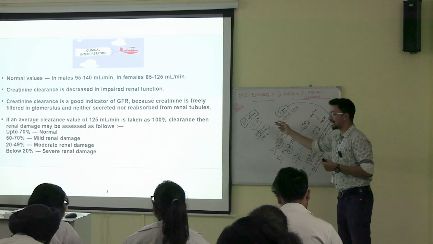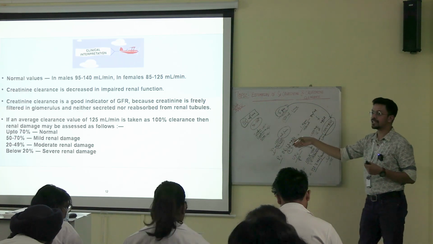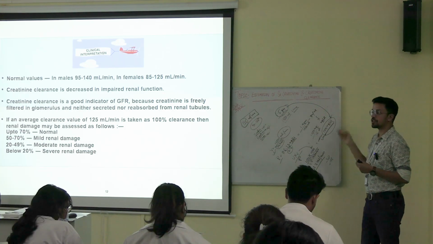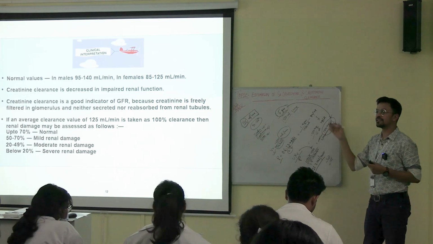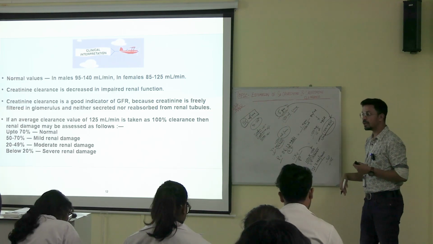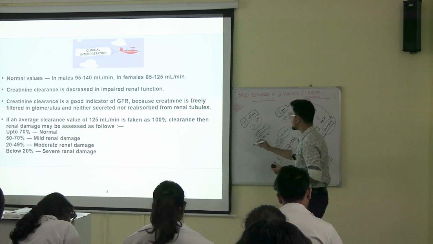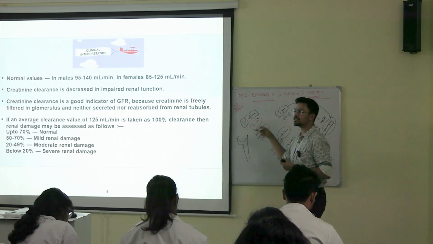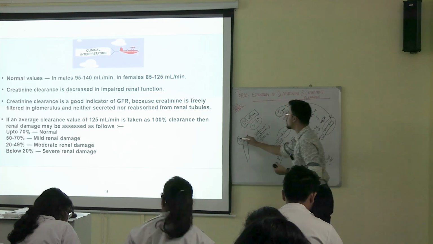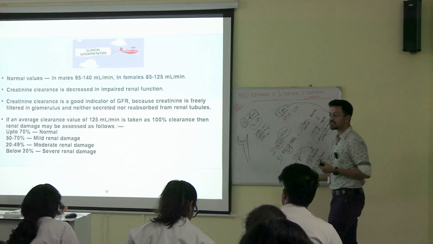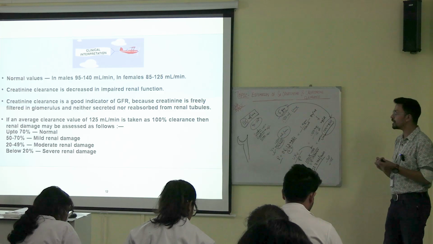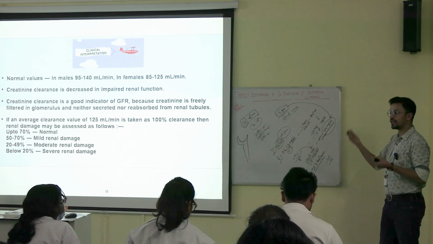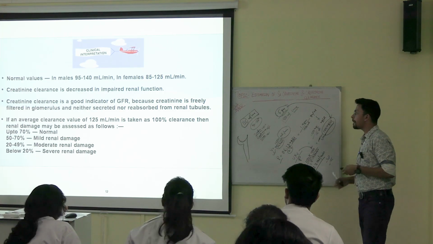If it is less than 90, then you can understand the kidneys are not functioning properly. That is why the clearance is also decreasing. What is the meaning of this? Let's say this is your glomerulus. Filtration is not happening. The kidneys are not functioning properly, that is why the filtration is not happening. If the filtration does not happen, then the clearance will not be high. Clearance will be low.